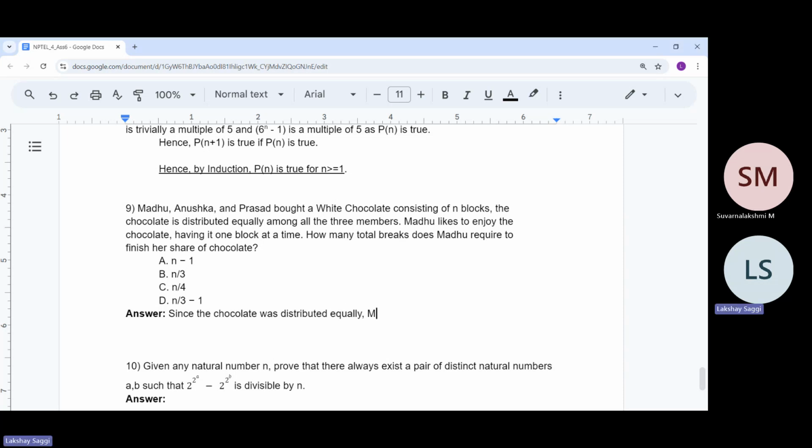Okay, so is my screen not visible, Suvarna Lakshmi? You're saying you are unable to see the question. Is my screen not visible right now? Maybe I can reshare my screen if that's the case.